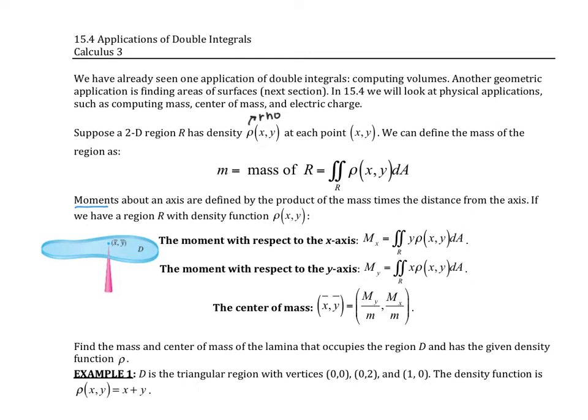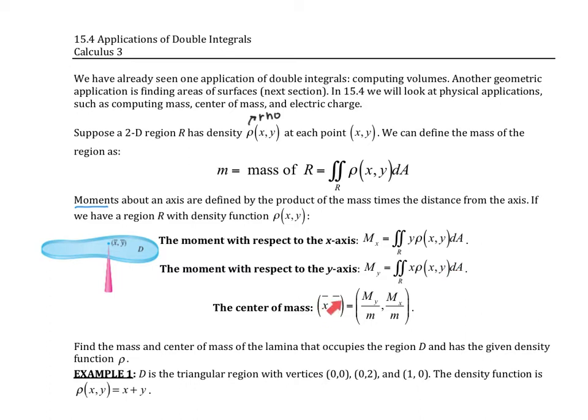If we have a region R with a density function rho of xy, then the moment with respect to the x-axis, capital M, is the double integral over the region y rho of xy dA, and the moment with respect to the y-axis is the double integral of x times rho xy dA.